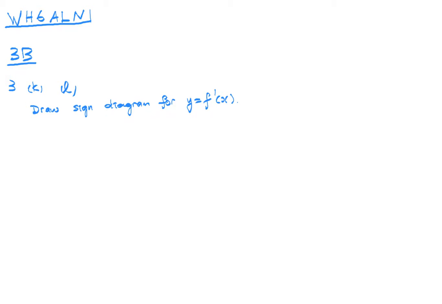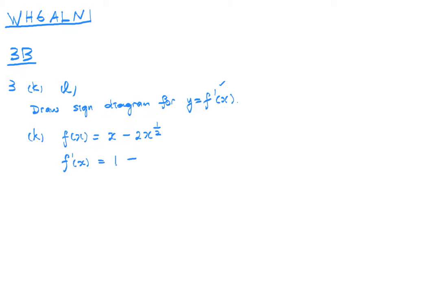Okay, so let's do part K. You are given f(x) is equal to x minus 2x to the power half. So I want to draw the f prime x sign diagram. First, I must get the f prime x function. So f prime x, rate of change of f(x): rate of change of x is 1.